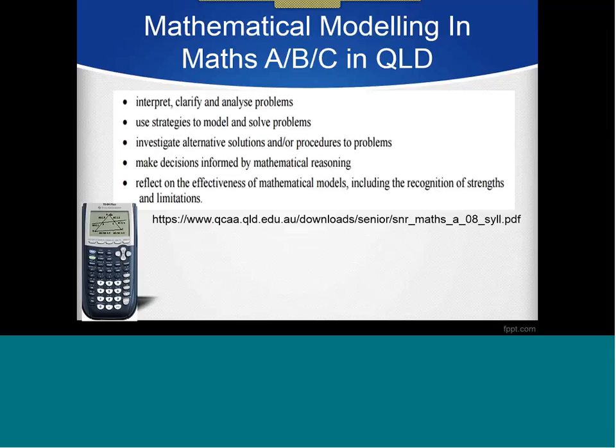Those students that want to study a higher level maths, looking at going into science, going into engineering, going into any of your higher level courses, will generally do Maths B, and those students that, again, are looking at engineering and things can then choose, if they're doing Maths B, to choose Maths C.